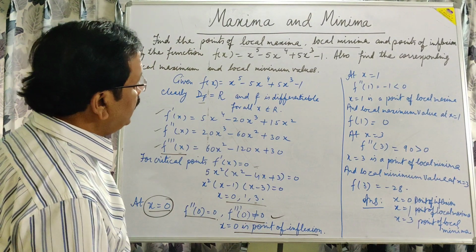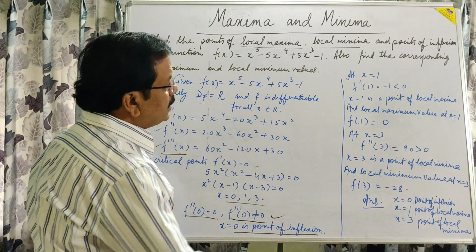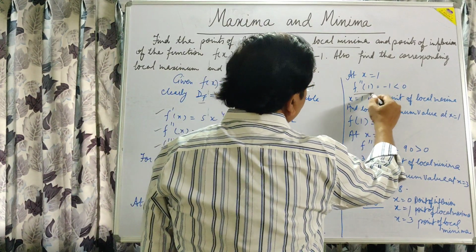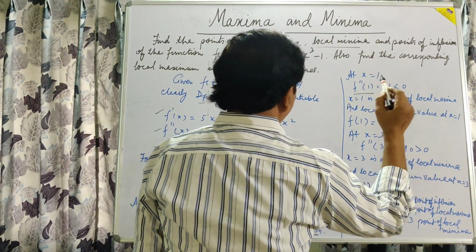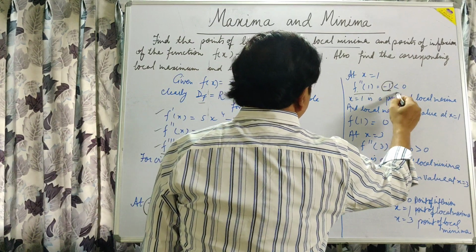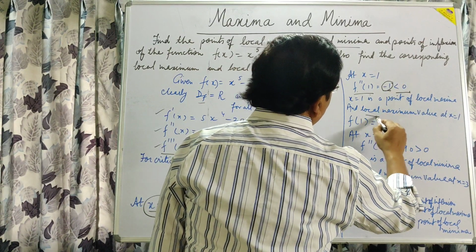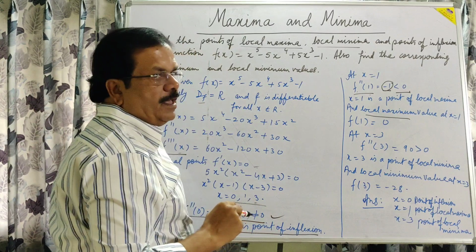Now take another point, x equal to 1. Substituting the value, f double dash 1 is coming minus 1, and this is negative, and that is why this is the maximum value.